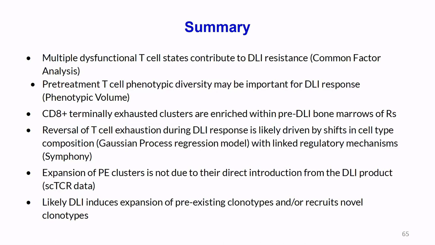And the response mechanism involves two major subsets of T-cells, the CD8 positive terminally exhausted subsets that are enriched pre-DLI. And we see that the reversal of T-cell exhaustion is associated with shifts in the cell type composition, which we captured with the Gaussian process regression models. And they also have linked regulatory mechanisms that we identified with Symphony.